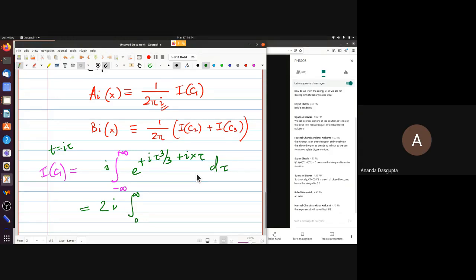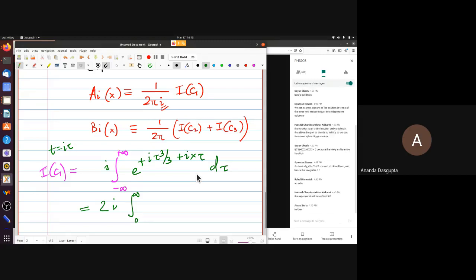Whenever you have an integral from minus a to plus a, it would be nice if you had an even or an odd function. When I say even or odd, of course, I mean even or odd function of tau, the integration variable. Is it even or is it odd? It's neither, of course. It's neither even nor odd.